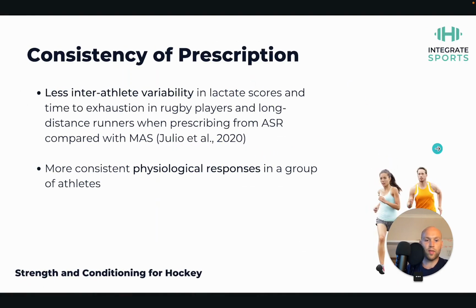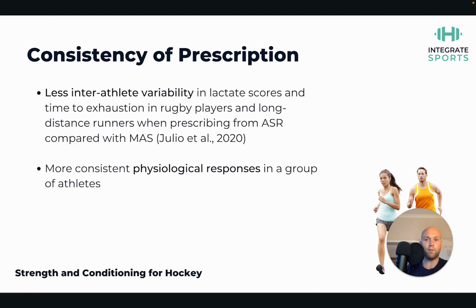So then in terms of the consistency of prescription, one of the important things if you're writing a program for lots of athletes is that everyone is essentially getting, relatively speaking, the same intensity or same challenge in terms of difficulty. We're hoping that we're all going to respond physiologically in a similar way. When we only prescribe for mass, there's a huge variation because we don't account for the anaerobic speed reserve.